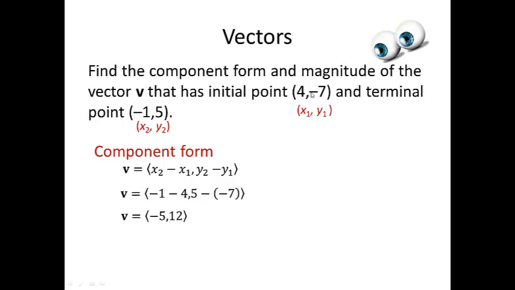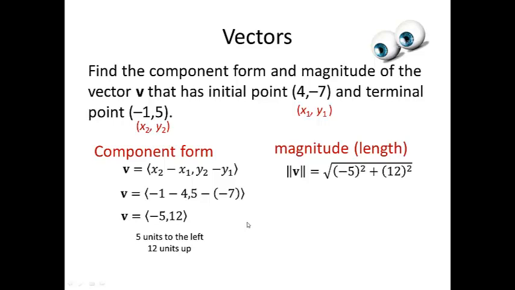If you start at negative 7 and you end up at 5, you went up by 12. Now to get the magnitude, Pythagorean theorem on these two numbers: negative 5 squared is 25, and 12 squared is 144. Add them together, 169. Take the square root, the magnitude is 13.